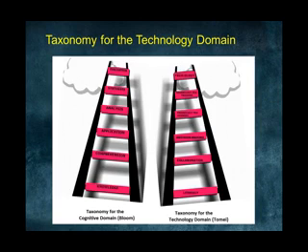I started developing this thing back in 1996, and as a result of a lot of work with students of my own at the undergrad and master's and even doctorate level, I came up with this taxonomy for the technology domain.